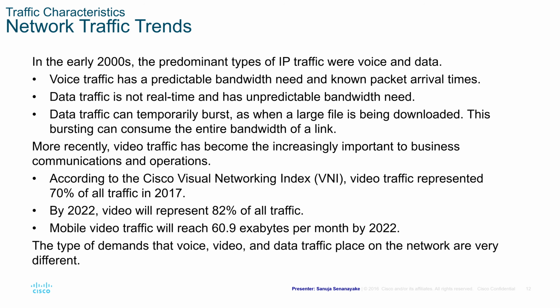Data traffic can temporarily burst, as when a large file is being downloaded, and this bursting can consume the entire bandwidth of a link. So if you have a network where a bunch of people are accessing websites, it may be just regular data traffic with no bursts in it, but then suddenly somebody starts to download a large file from the internet, and that could create a temporary burst on your network, consuming all your bandwidth.